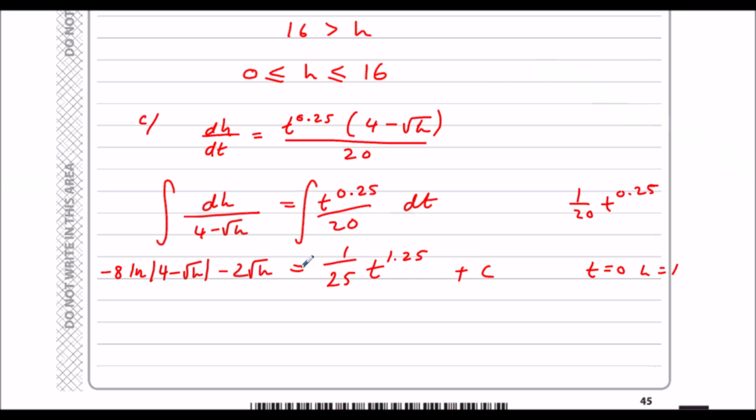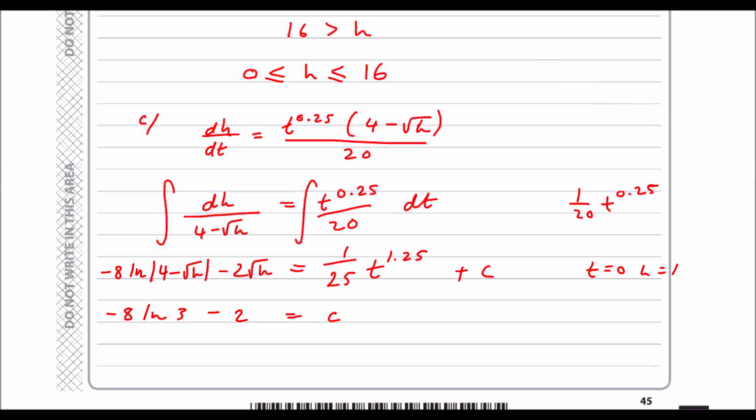So minus 8 ln 4 minus 1, so 3, minus 2 times 1, 2, equals 1/25th of 0, so 0 to the power of 1.25 is 0, times 1/25th is 0, so that's c.